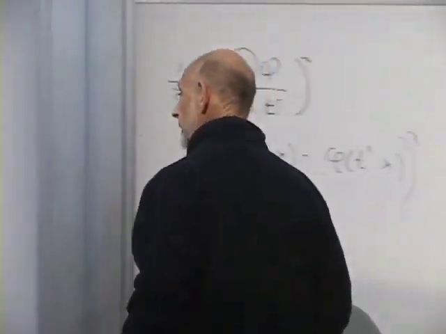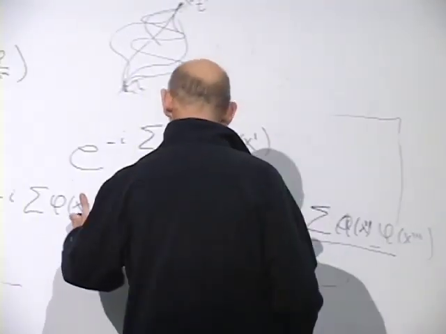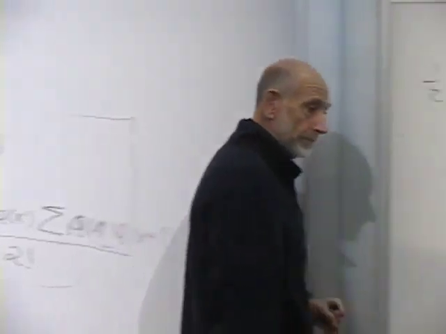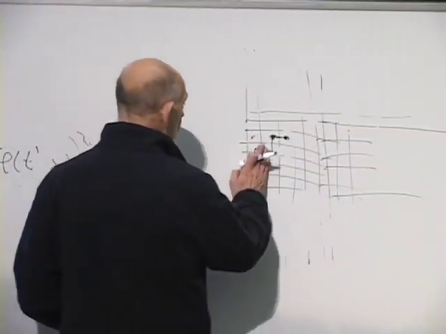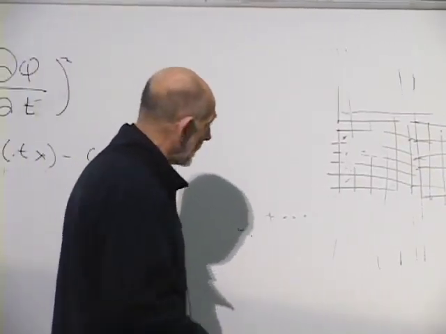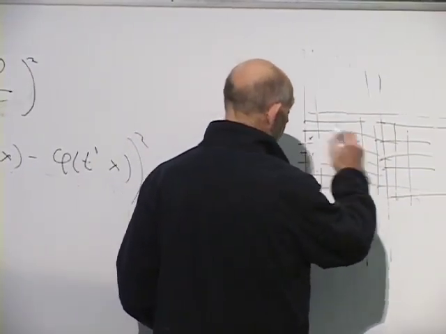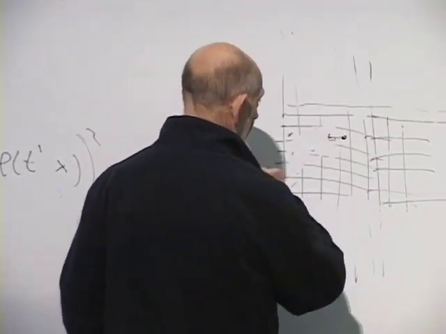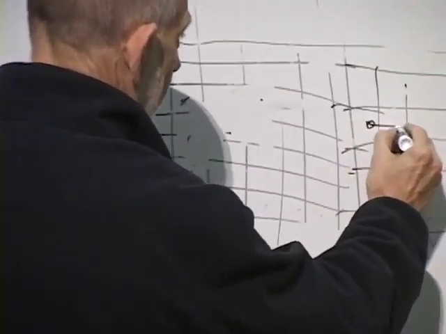Okay, so let's take a particular term here, phi of x and phi of x prime. These are neighboring points on the lattice, and they correspond to a motion of a particle from one place to another. There's a sum of terms. There could be a term for a particle from here to here, a term for a particle from here to here.